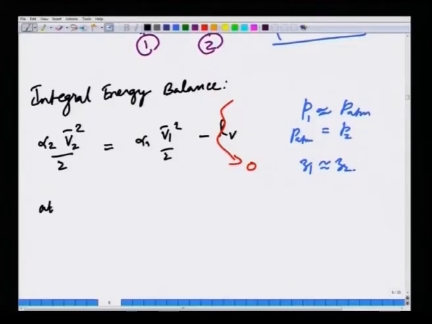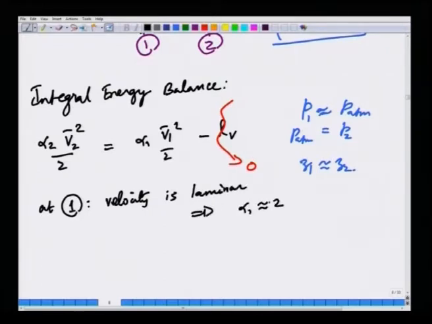Now, at station 1 the velocity profile is laminar, we have assumed, so alpha 1 is approximately 2.